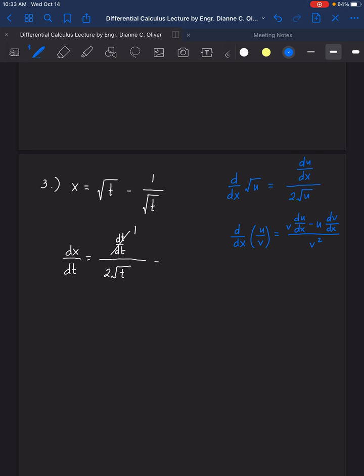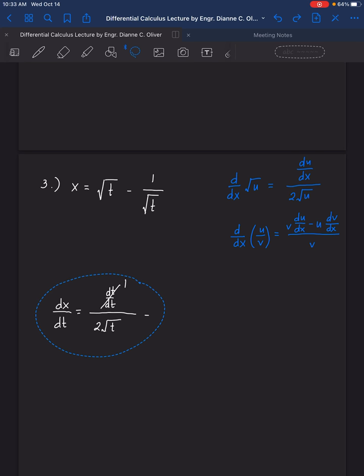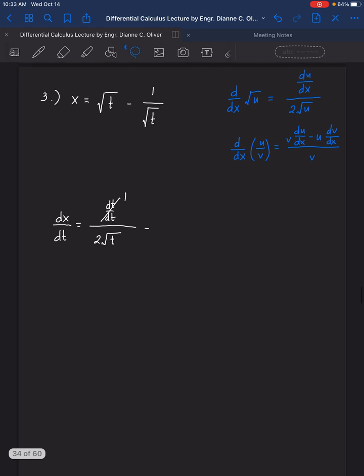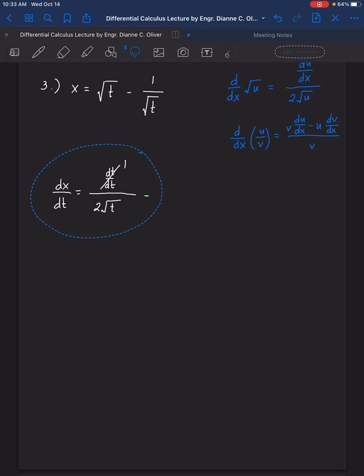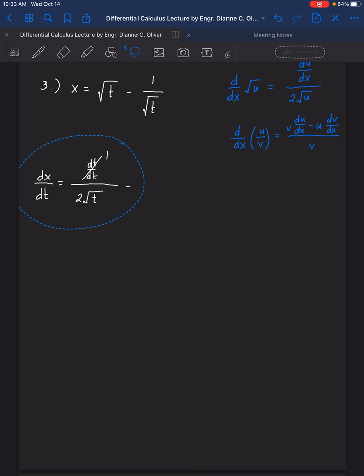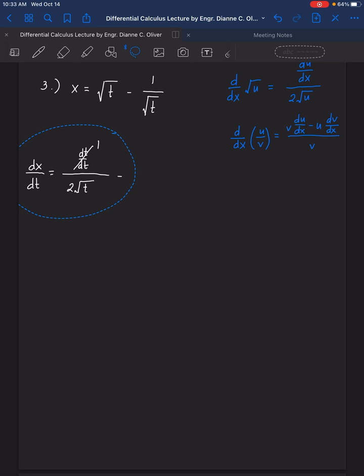So that is the pattern. Now let's use that pattern to solve this problem. Let's separate it with a line.